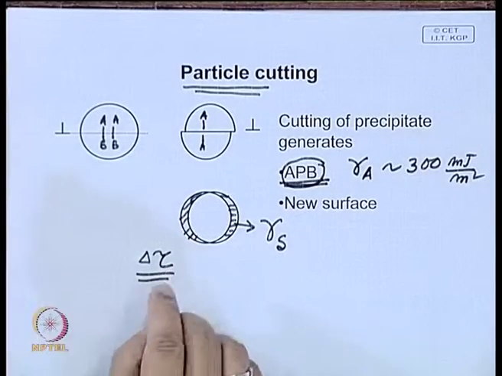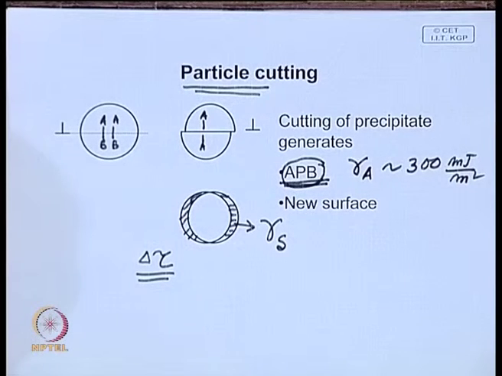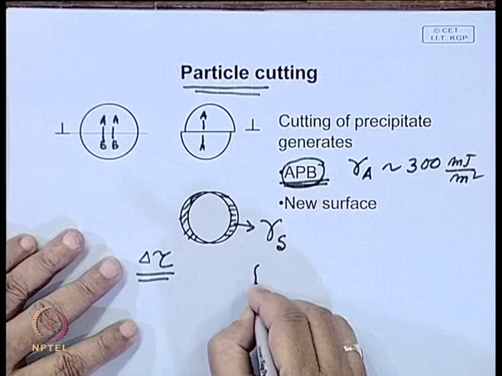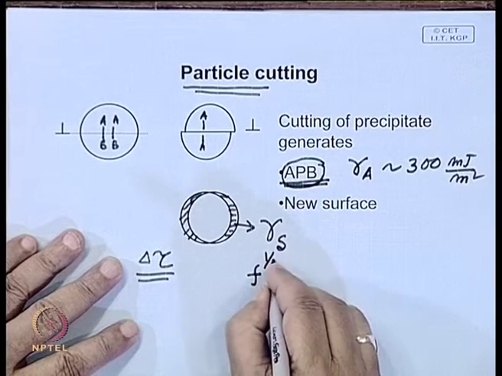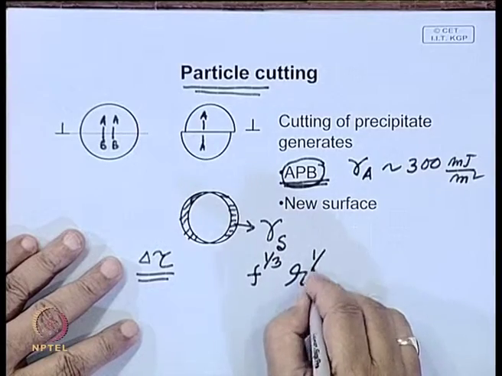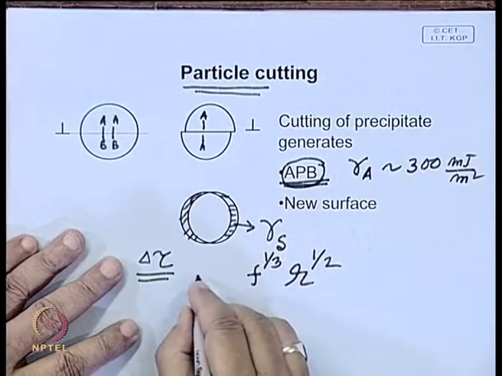If you calculate it with a little more rigorous calculation with the antiphase domain boundary, essentially it shows that it remains f to the power 1/3 r to the power 1/2.